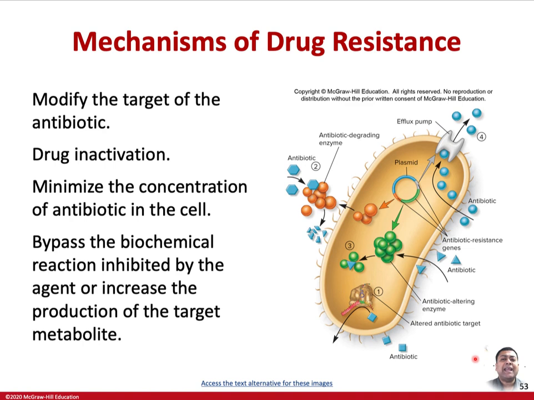Now, if that enzyme changes in shape and still does the transpeptidation reaction properly, the penicillin-based drugs or beta-lactam antibiotics can no longer bind to the active site because the enzyme modified its active site. So this is a way of preventing access to the target of the antibiotic.